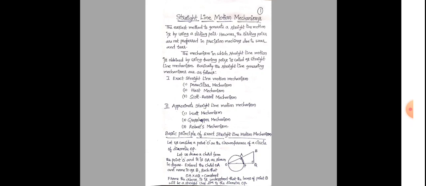But, having said that, the sliding pairs are not preferred in precision machines due to wear and tear. So, in order to overcome wear and tear, we use mechanisms in which the straight line motion is obtained by using turning pairs.